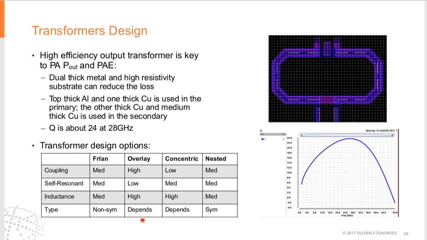But based on this one, it can provide very good symmetry, as in this design example. And based on the design experience, at 28 gigahertz, the self-resonance frequency is still fine for the application. So we choose the overlapped topology in this PA application, and in the next slide, we'll show the impact on the PA performance.